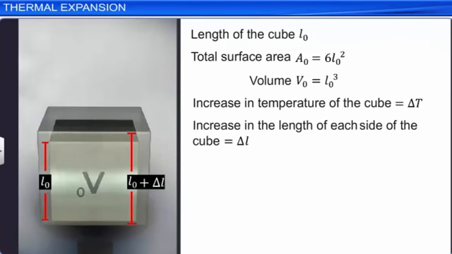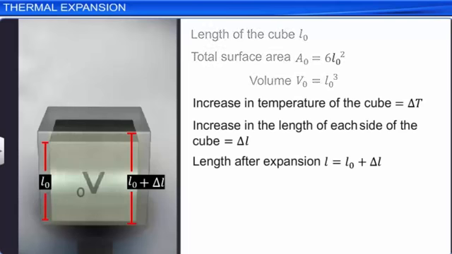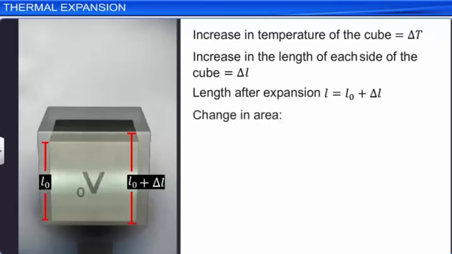Therefore, the length of the side after expansion is L equals L naught plus delta L. Change in area, delta A, equals 6 into (L naught plus delta L) whole squared minus 6 L naught squared. This is equal to 6 into (delta L squared plus 2 L naught delta L).